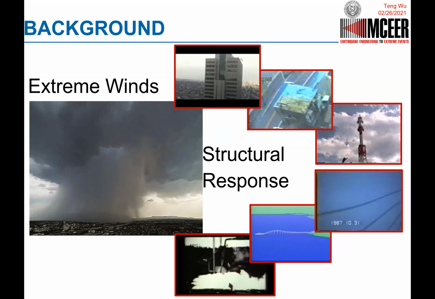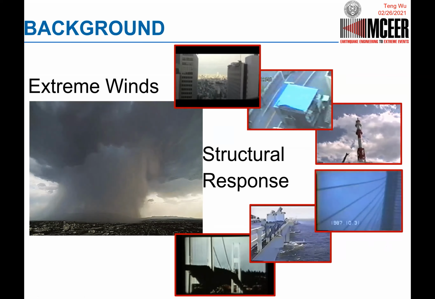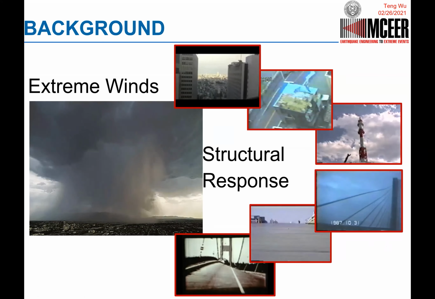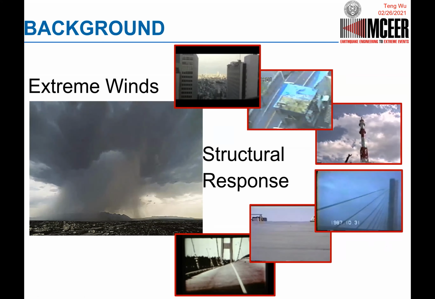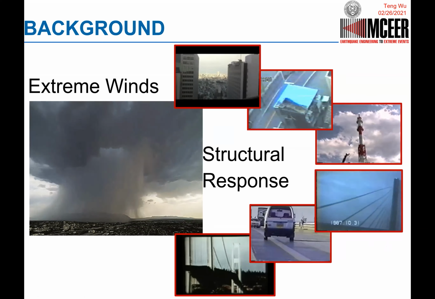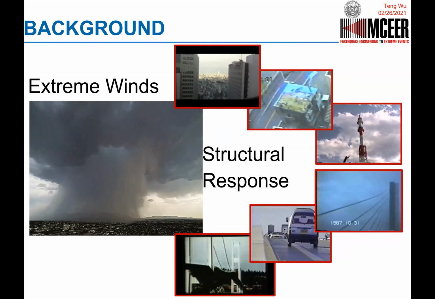So we want to avoid this phenomenon in the winds. We want to understand all those structural behaviors in the winds, and also accurately simulate all those phenomena so that we can mitigate the response if necessary.